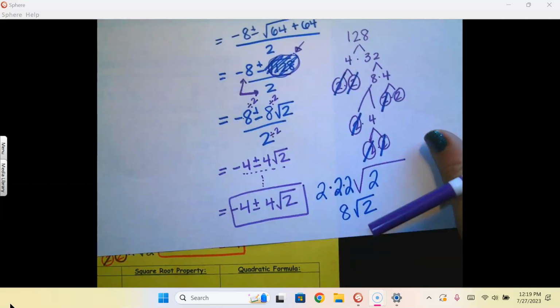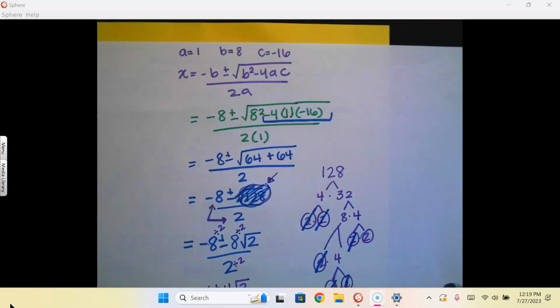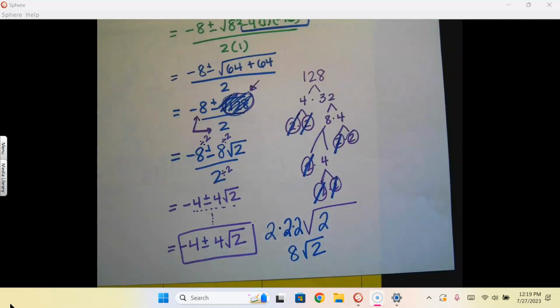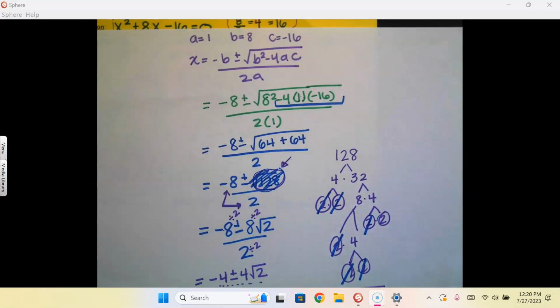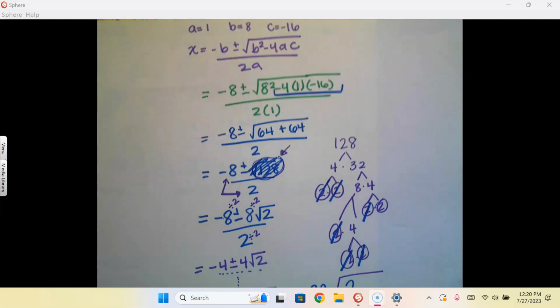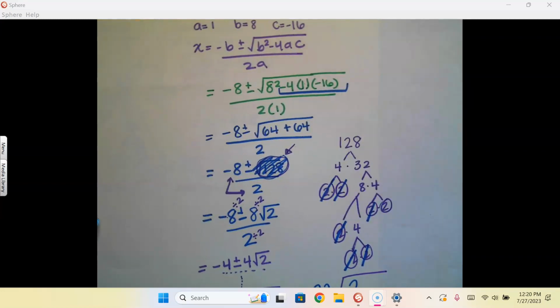So again, some problems have 3 different ways to solve it algebraically, whereas this problem here only had 2 because it's not factorable. Whenever you get an answer that has a radical or imaginary number in the solution, it's not factorable. So you definitely want to know all the different methods, but on the test in this class, you're allowed to use whichever method you think is easier for you.